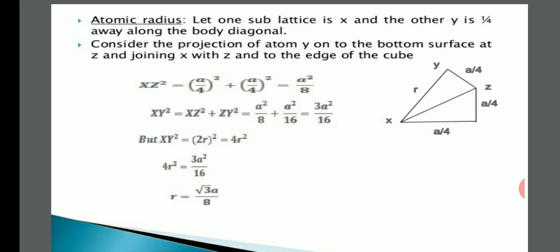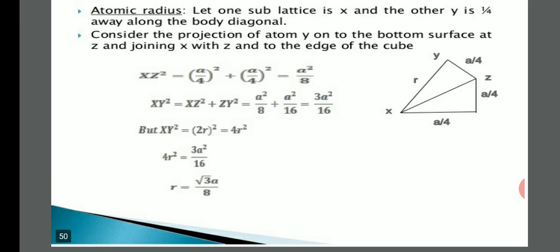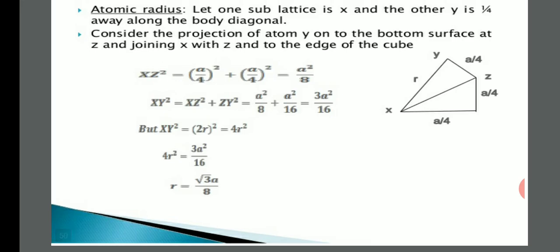Consider the projection of atom y onto the bottom surface at z, and join x with z and to the edge of the cube. xz square is (a/4) square plus (a/4) square, that is a square by 8, and xy square equal to xz square plus zy square, a square by 8 plus a square by 16, that is 3 a square by 16.